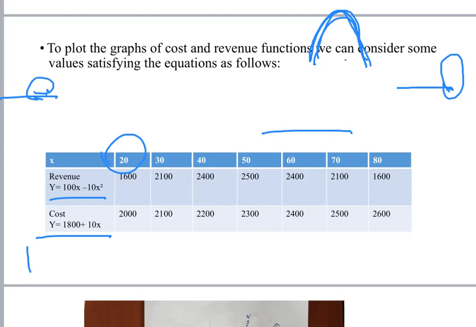Am I correct? Yes. And in here 20 multiplied by 20 again is multiplied by 10.